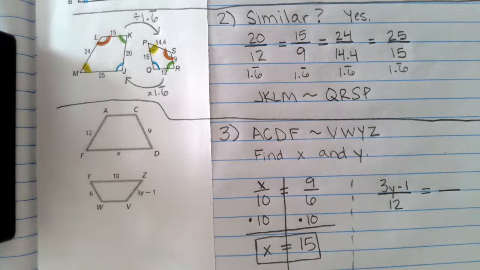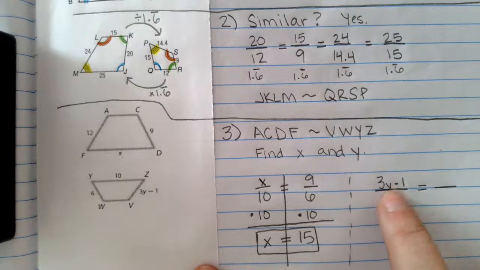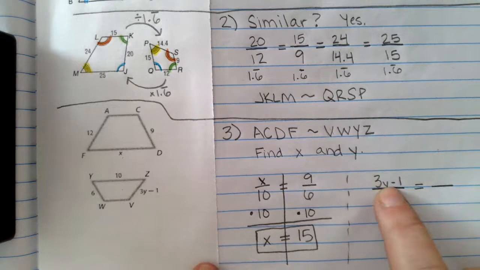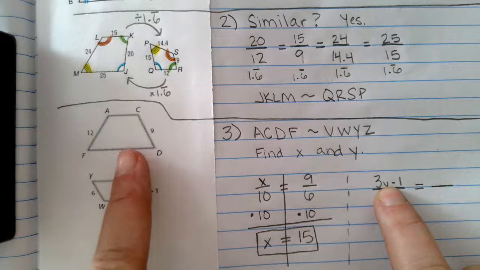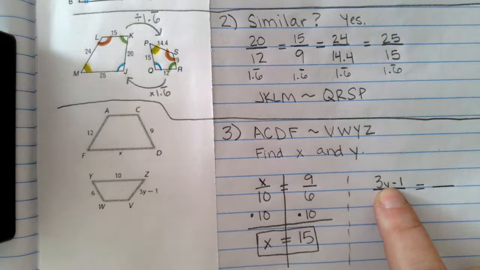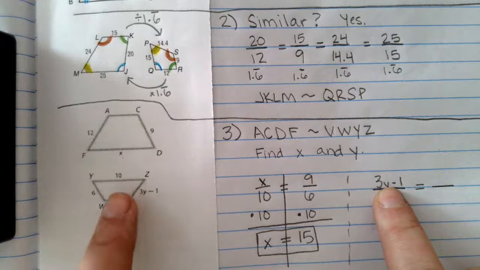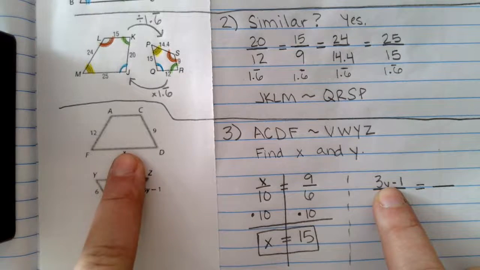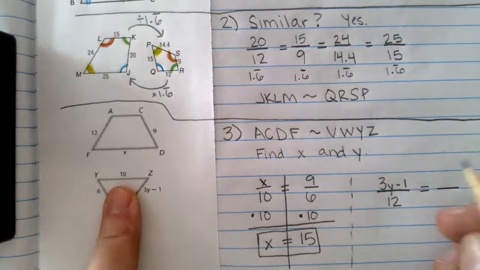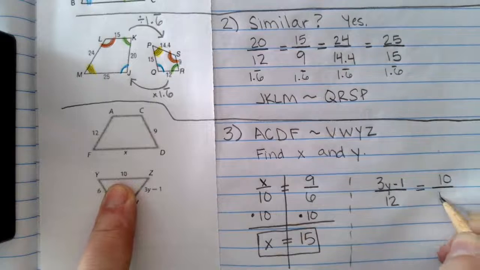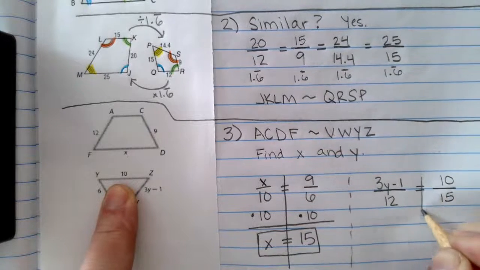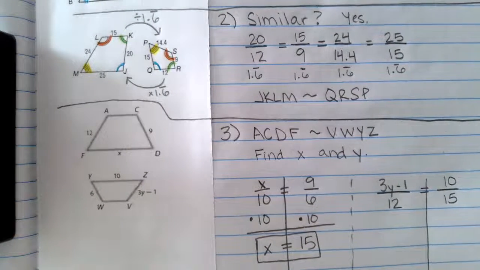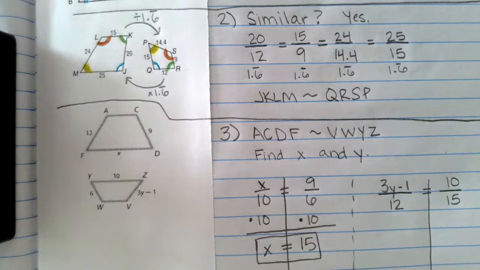And we get 8. At this point, I think a lot of you are really good at solving this equation. 3y minus 1 equals 8. Plus 1. 8 plus 1 is 9.